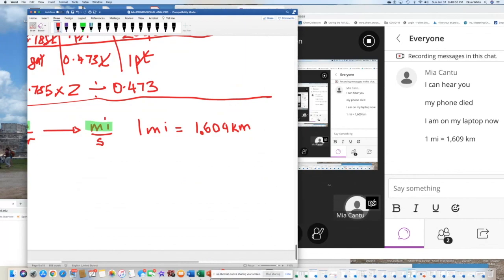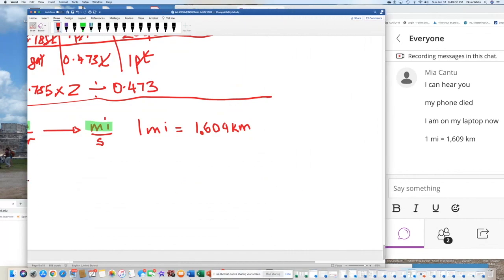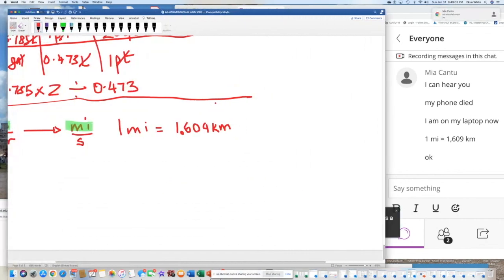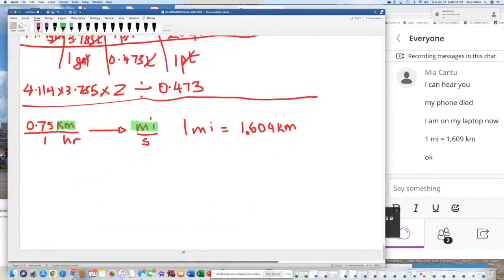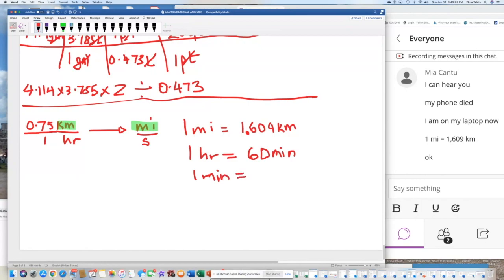Hold on. Let me make this bigger so I can have more room. There, and then pull this to the left. Yeah, the bottom one is a time conversion, so it's not here. So what we're gonna do is go through the time and make it smaller, smaller, smaller, starting with 1 hour. So 1 hour is what? 60 minutes, right? And that's a smaller unit. And then 1 minute is 60 seconds.